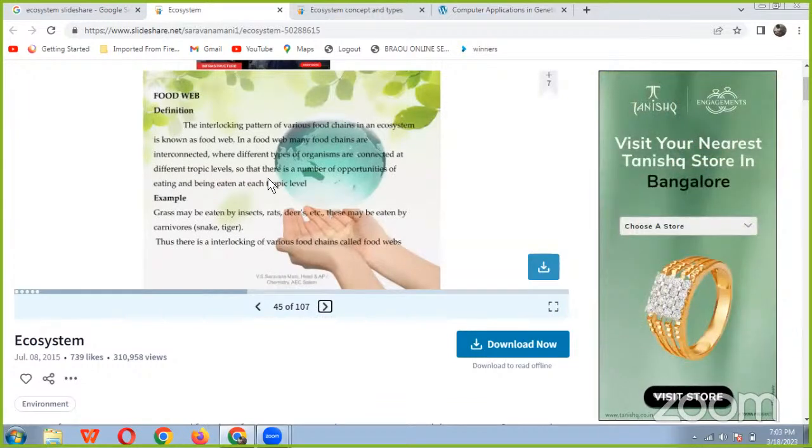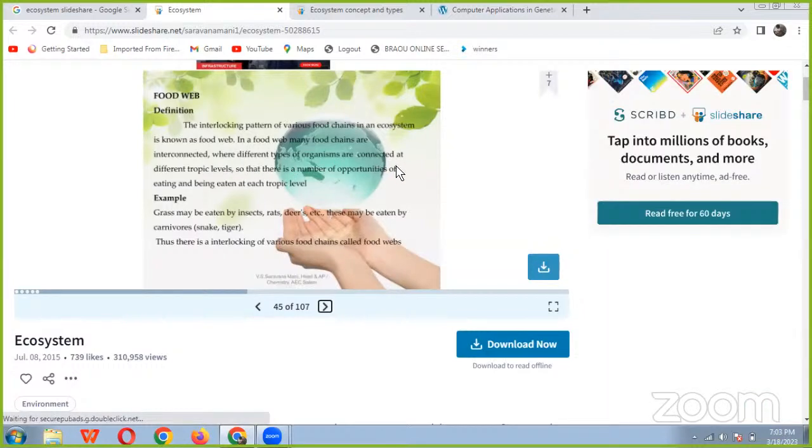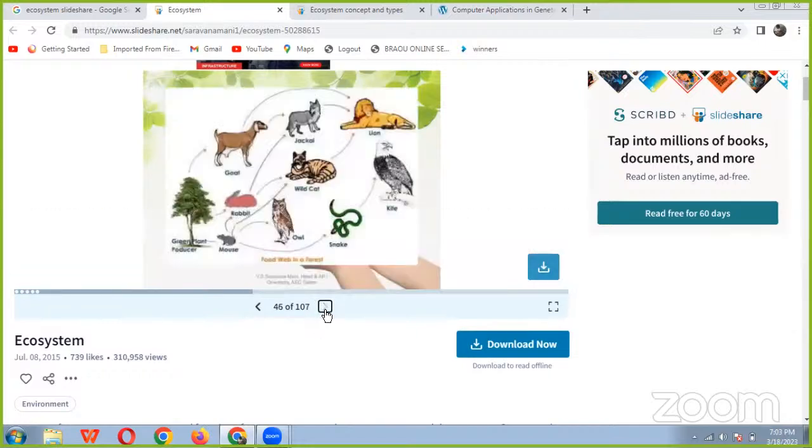It is interconnected with different organisms at different trophic levels. There are a number of opportunities for eating and being eaten by other trophic levels. For example, grass may be eaten by insects, eaten by rats, deer, and then eaten by carnivores.